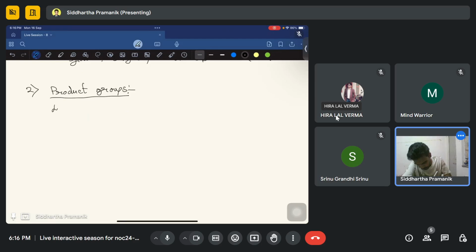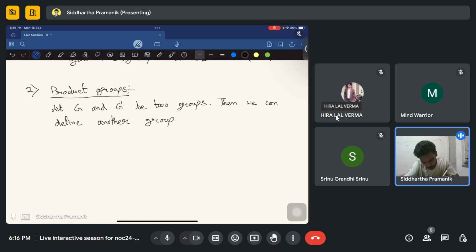So let G and G prime be two groups. Then we can define another group structure on the Cartesian product of these two sets.